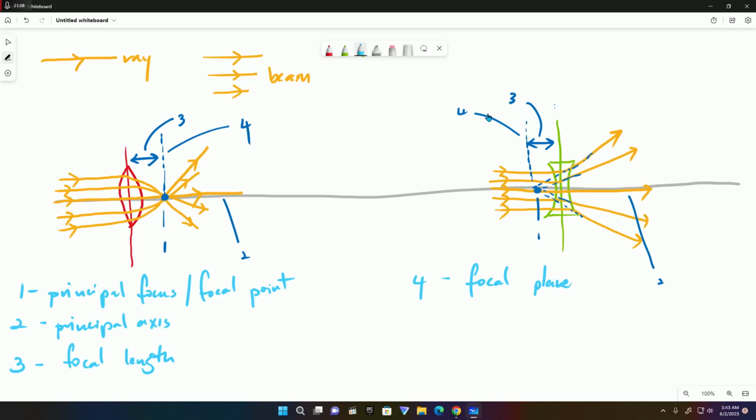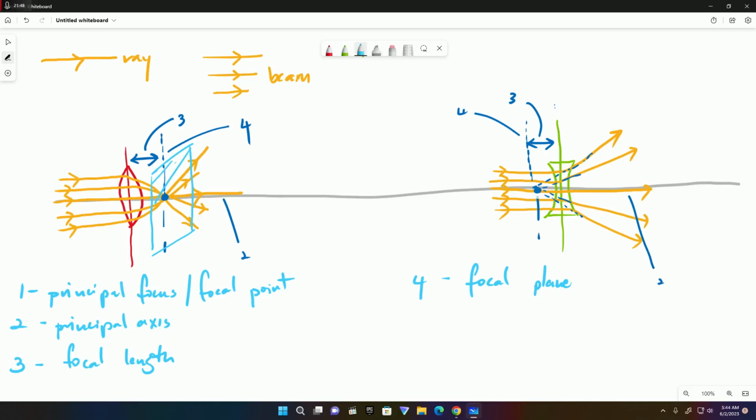Now, the focal plane is a two-dimensional plane that exists through the focal point.